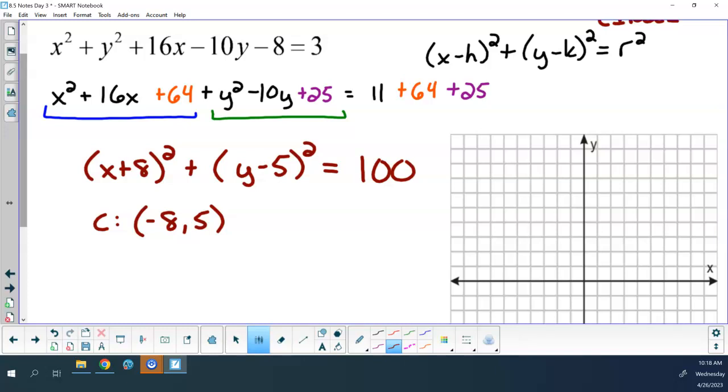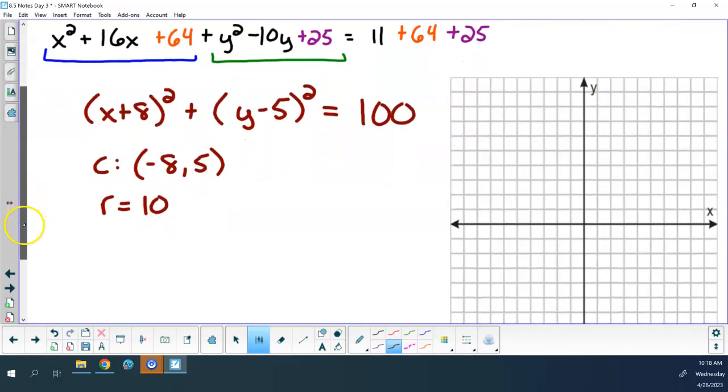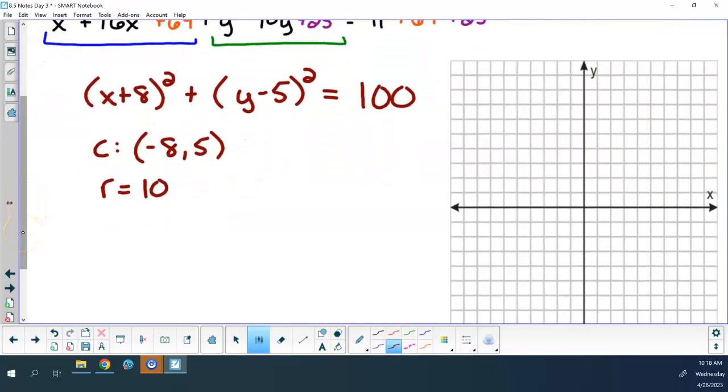What else? Radius is 10. So we've got the center at -8, 5. 2 and 4 and 6 and 8, 2 and 4 and 5. Oops, that's my center right there. And then we've got 10s in every direction. 10, 2, 10.